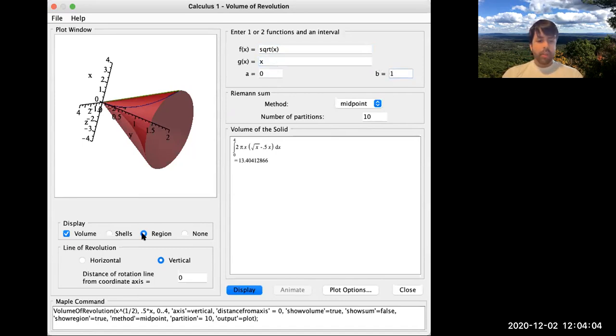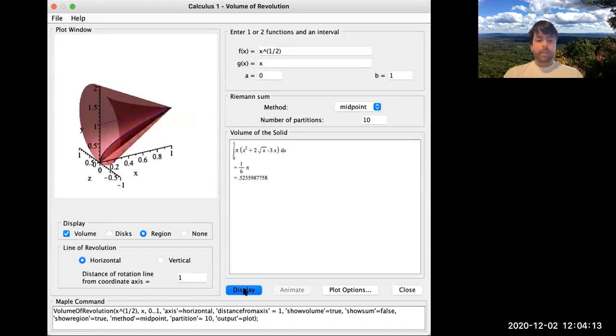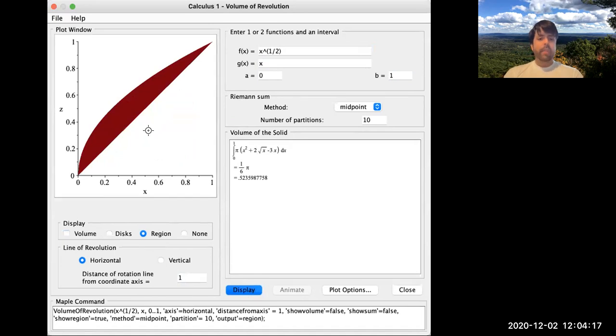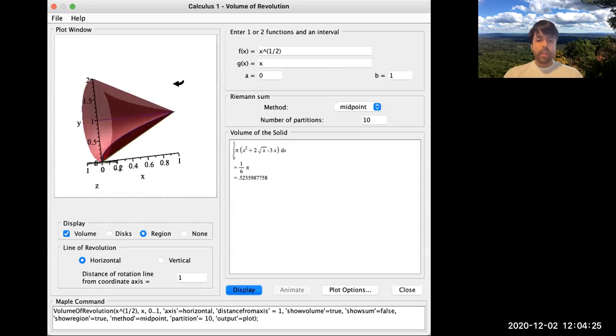The line of revolution is horizontal, and the distance is 1 because y equals 1. So if I look at the region without the volume, this is what I have, but I'm revolving it around y equals 1. When I do that, this is exactly what we got. And then look at the answer: 1/6 pi, 0.5235.